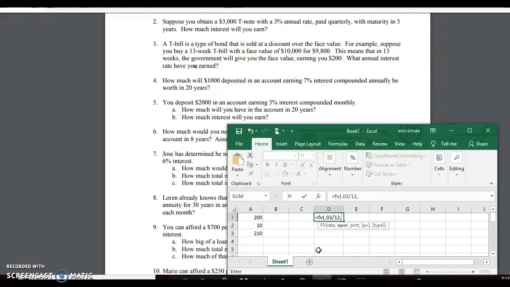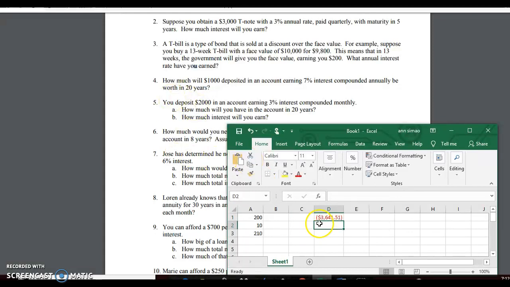The next thing is the number of payments. So it's 20 years, but it's 12 months per year. So I have to do 20 times 12. I'm going to do a comma. I have 0 payments, so it's going to be 0 for my PMT, which is my payment. My present value, well, I deposited $2,000, so 2,000.